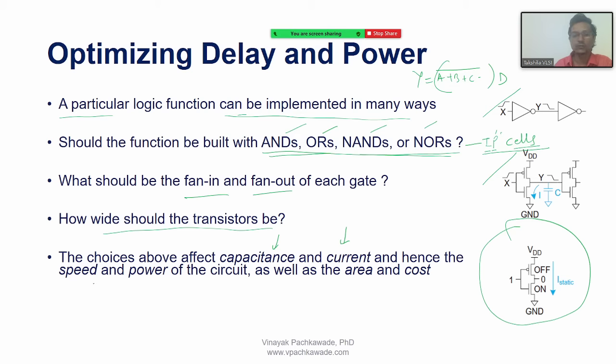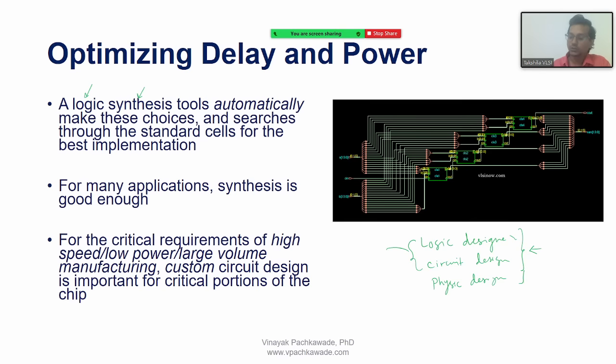We also see that all these choices above, 1, 2, 3, 4, will affect the capacitance of the circuit, current in the circuit, and therefore speed and power of the circuit, as well as area and cost. So essentially it is applied to the whole chip, where millions of IP cells are operating simultaneously or in part. So the designer will let the tool automatically decide this.